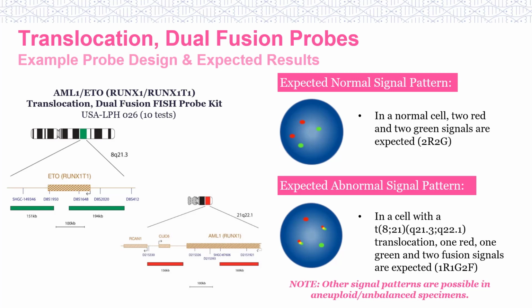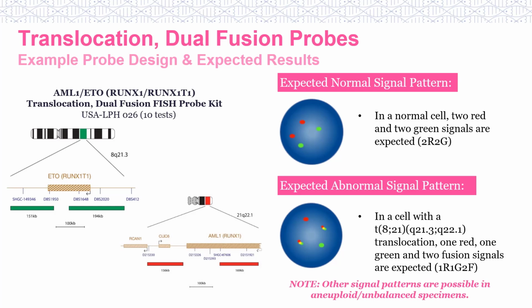Different reciprocal chromosomal translocations are a common finding in cytogenetics, and they can be associated with a specific clinical indication, providing both diagnostic and prognostic information, as is the case with this AML1 ETO, also known as RUNX1, RUNX1T1 translocation dual fusion FISH probe kit that is available as one of OGT's FDA-cleared CytoCell FISH probe kits for AML and MDS.